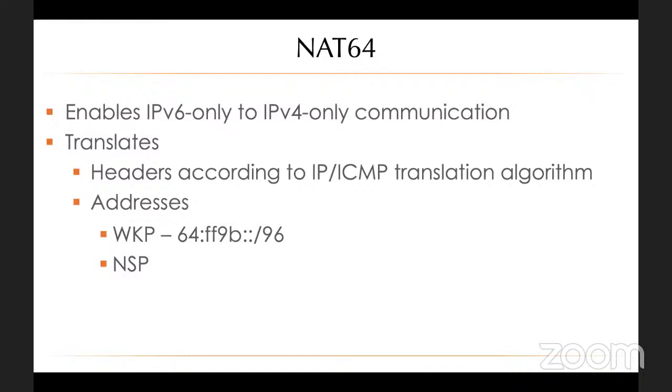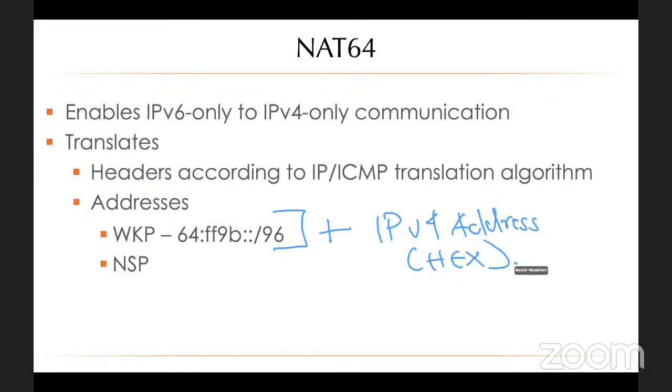So this is the exact address I was talking about. You can either configure a well-known prefix or do a network-specific prefix, a /96. And then from this prefix, we're going to merge it with the IPv4 address, usually in hex, to give you a 128-bit address, which you can use either as a source or destination.